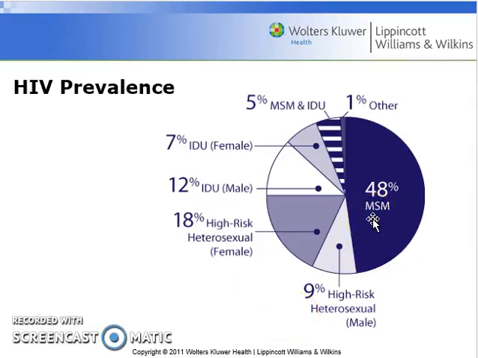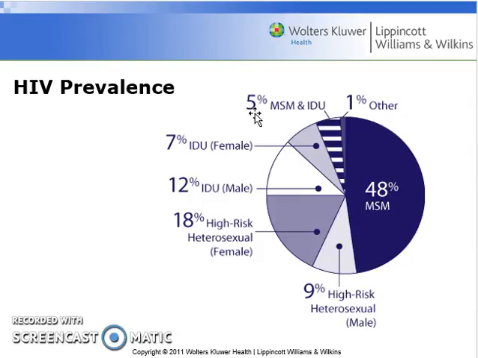And 48% in this particular diagram, what this is saying is that among males who have had sex with other males, there's a 48% HIV prevalence in this particular category. Okay, and then males who have had sex with other males, as well as who have used intravenous drugs, have a 5% prevalence for HIV.